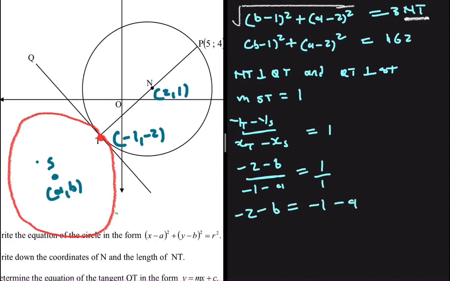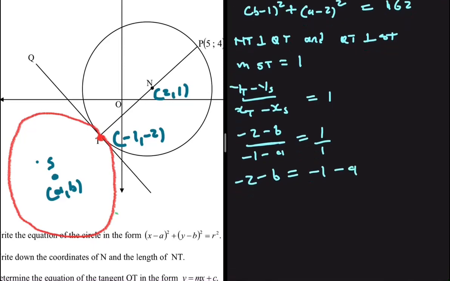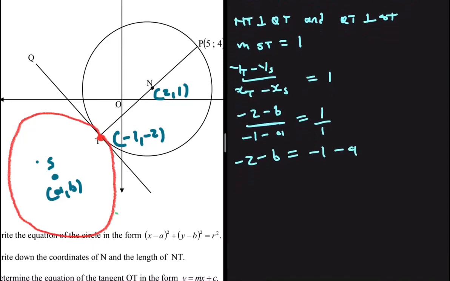Let's make b the subject of the formula. If we do that, we're going to get minus b being equal to minus 1 plus 2, that is 1, and then minus a. We divide both sides by minus 1, we get b is equal to a minus 1.